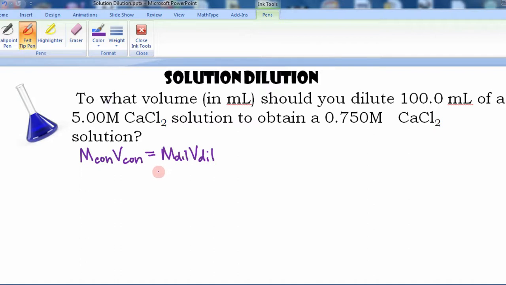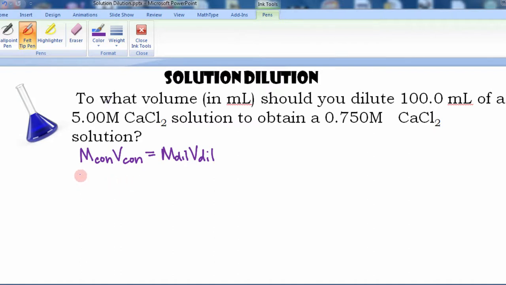Now it says, what volume in milliliters should you dilute 100 milliliters? So we have a 5 molar solution of calcium chloride.